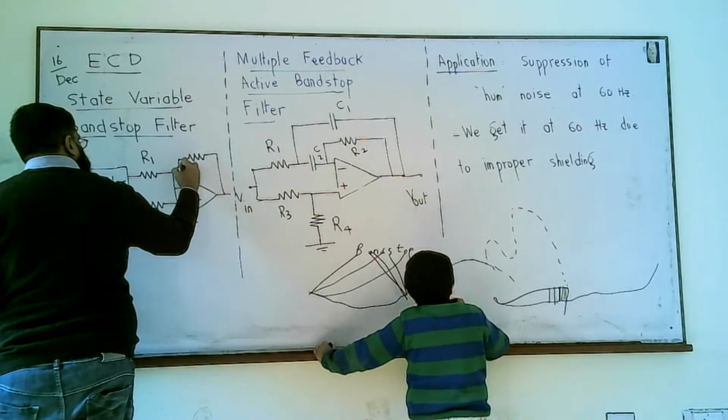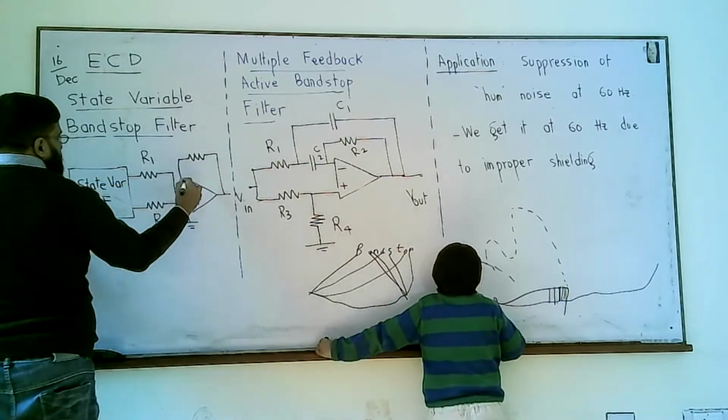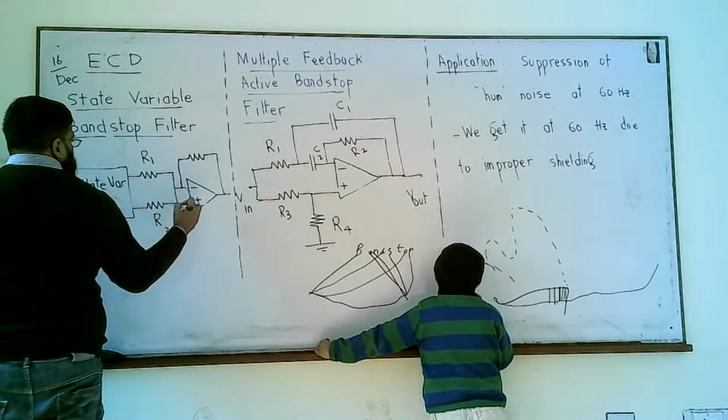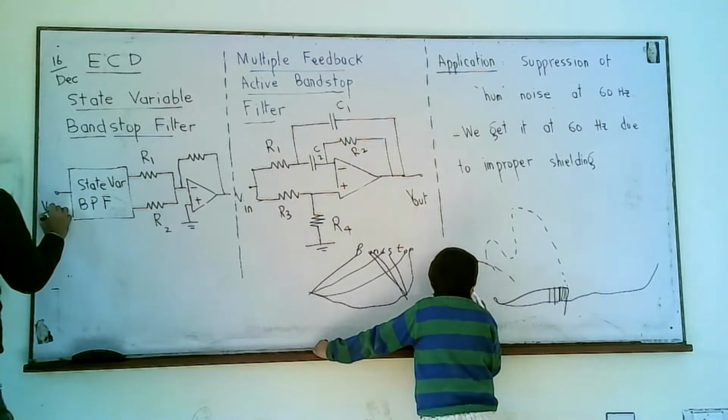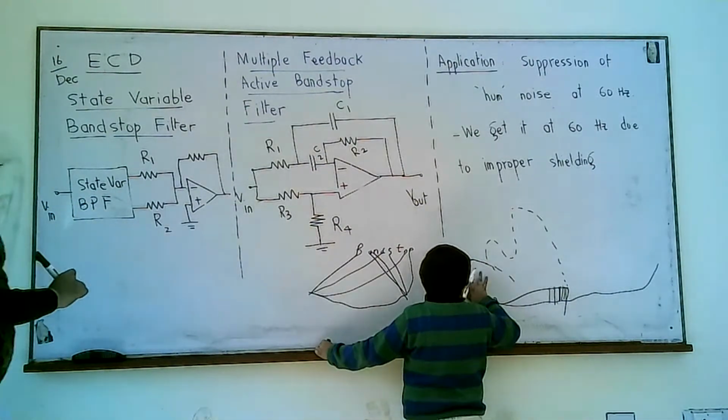So it is driving an op amp in its inverting configuration, and the input is applied to a state variable band pass filter, and this is the output.